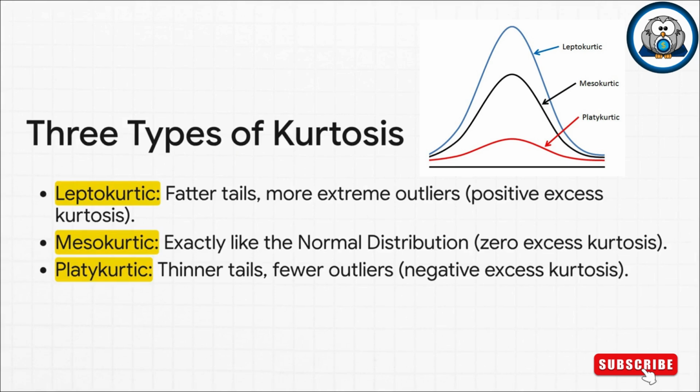This means it has positive excess kurtosis, which is just a fancy way of saying it has fatter tails and more potential for crazy outliers than normal. Next is mesokurtic. That's our perfect benchmark, the bell curve, with zero excess kurtosis. And finally, you have platykurtic, which has negative excess kurtosis, meaning it has thinner tails and a lot fewer surprises.